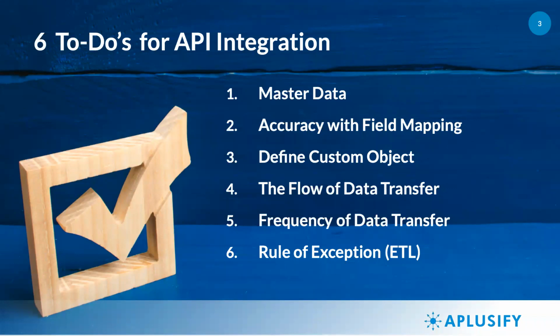Depending on the flow, your data integration strategy and criteria is decided. For a unidirectional flow, you may have a different strategy. If it's a bidirectional flow, you need to have a different strategy in place. So all these to-dos are really important before we actually do the API integration.